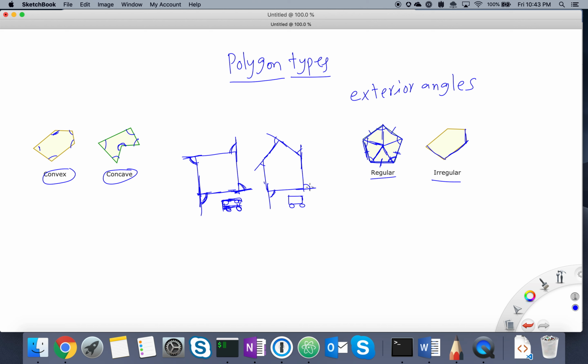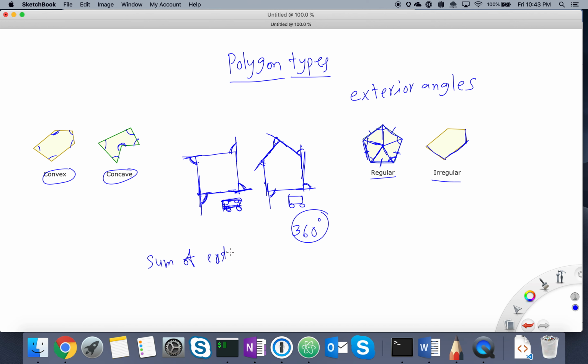Imagine this car is turning here, going in this direction, and again turning here, going in this direction, turning here, going in this direction, turning here, going in this direction, and then turning here. It will always come back to its original position. When would an object come back to the original position? When it completes 360 degrees.